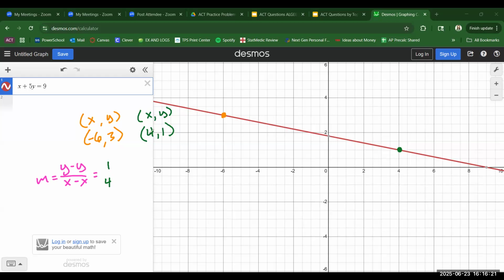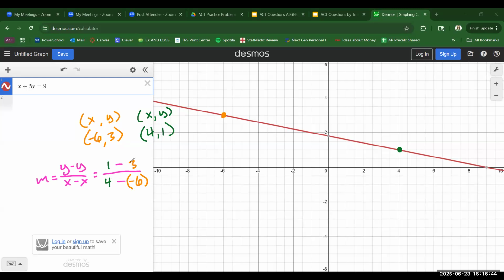So notice it's green, the 4 and the 1. And then I'm going to put my subtraction signs because those are part of the equation in purple. And now I'm going to plug in my orange numbers. So my second y value is 3 and my second x value is -6.